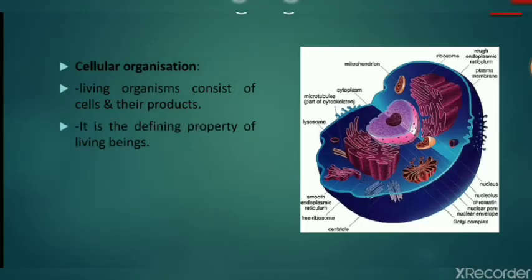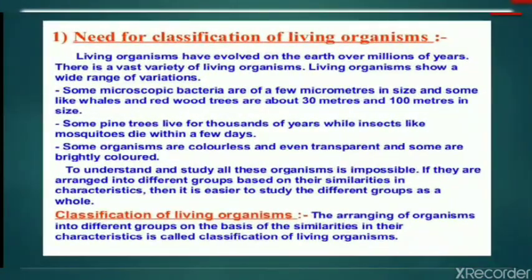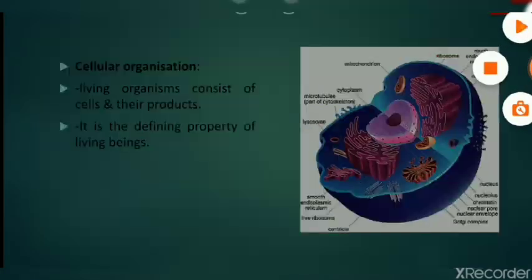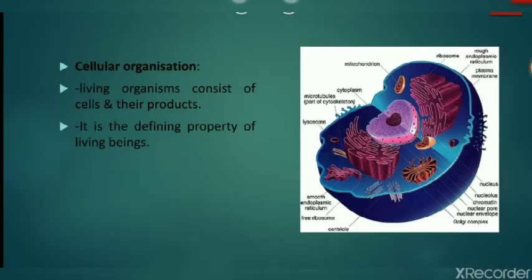The next attribute of living organisms is nutrition. All organisms show different kinds of nutrition, in which either they are able to produce their own food or they obtain their food from other organisms. But again, it cannot be considered as a defining property of living organisms alone.